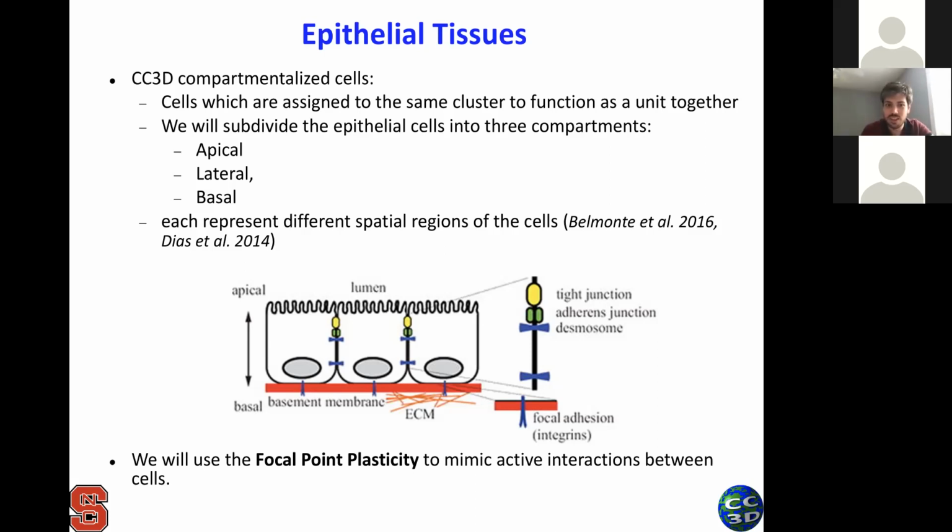Usually the apical side faces the lumen or some cavity or some fluid. The lateral side of the cells is in contact with the neighboring cells in the epithelia, and they have tight junctions. And the basal side is in contact with the ECM, or other cells if you are talking about stratified epithelia.